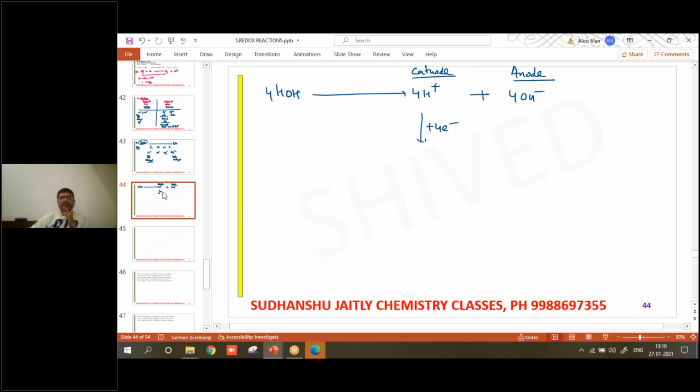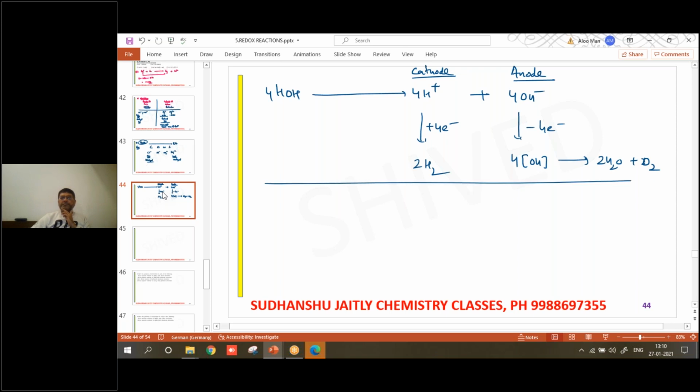This eats up 4 electrons to produce 4 hydrogen atoms to 2 water. This loses 4 electrons to form, ये intermediate है, 2 water plus O2 will be formed.